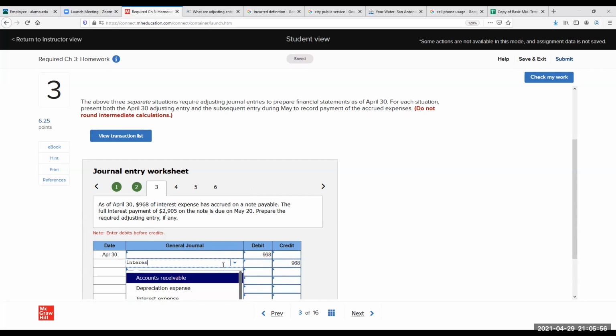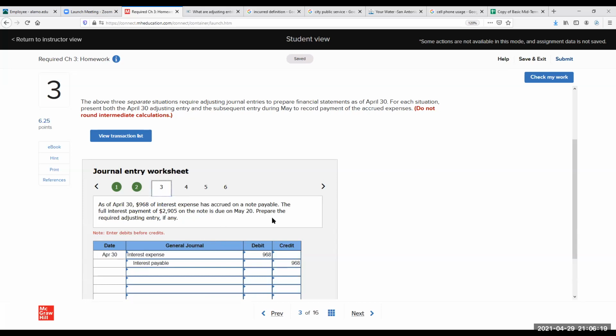You got to pay them next month in May. Interest payable. Well, what is it for this month? So interest expense. Let's just say you borrowed money from somebody who says, well, I want $1 a day interest expense. Well, at the end of the month, you owe $30. And the next month, you owe $30. Regardless of when you pay it, you've got to book it that you owe that money.